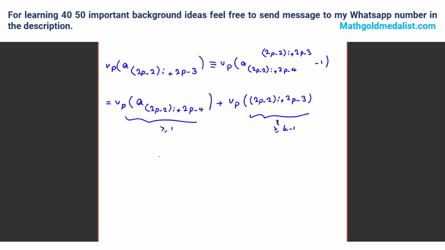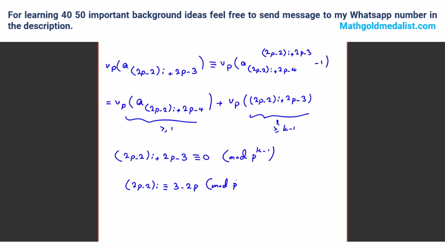And the problem will be solved completely. So 2p minus 2i plus 2p minus 3 should be 0 mod p to the k minus 1. So we can say 2p minus 2i should be congruent to 3 minus 2p mod p to the k minus 1. If you take this to right hand side.